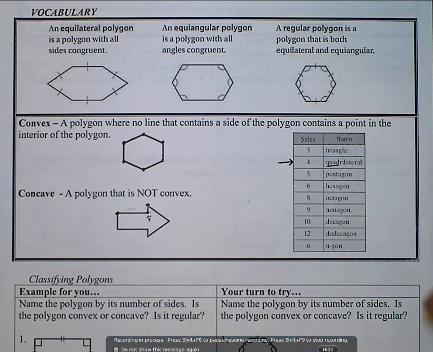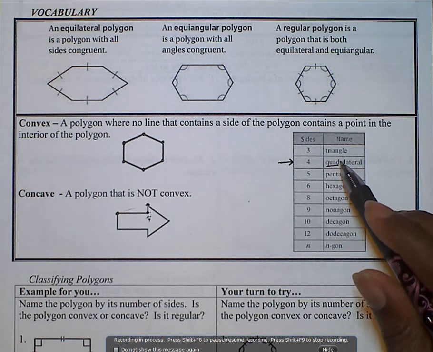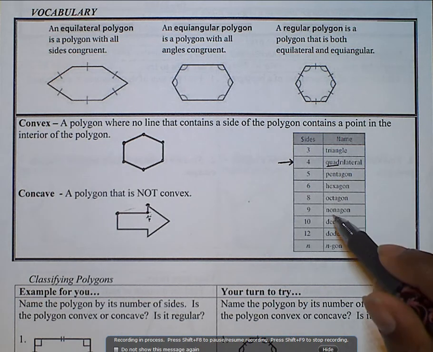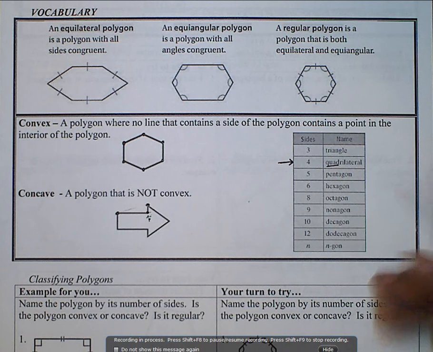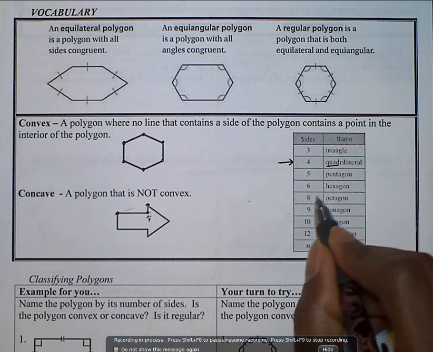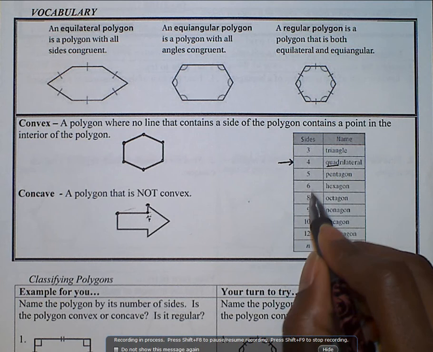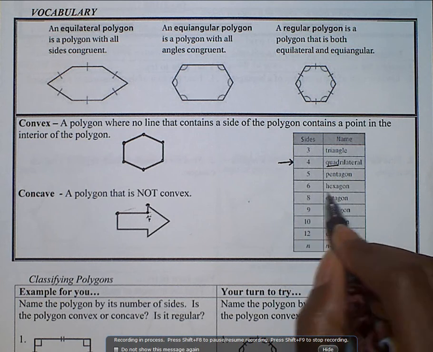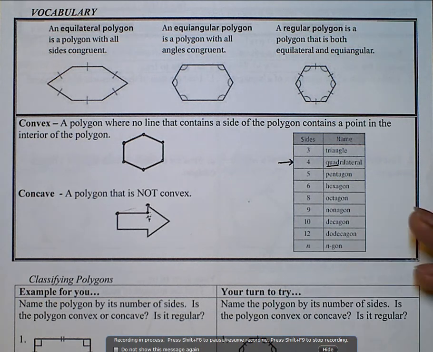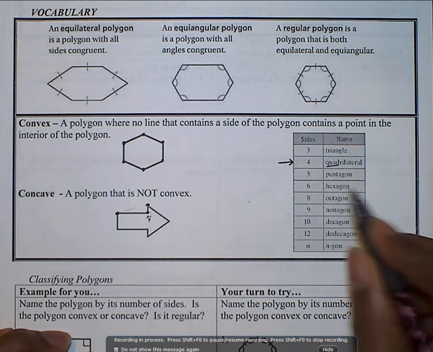Notice that all the numbers are not included in this table. There are names for other numbers of sides, but these are going to be the ones that we need to be familiar with. I know that a 7-sided polygon is called a heptagon, but nobody really calls it that. People can call it that, but these are the ones that we expect you to know.